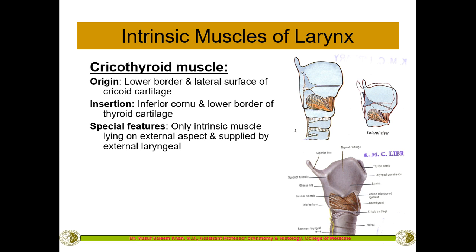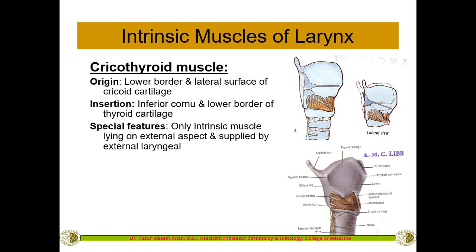The typical feature, the special feature of this muscle is that this is the only intrinsic muscle which is in the external aspect, which is outside the larynx. So this is the typical feature. Intrinsic means it should be inside, but this is the only intrinsic muscle which is present outside the larynx on the external aspect, and it is also supplied by the external laryngeal nerve. What about the other muscles?